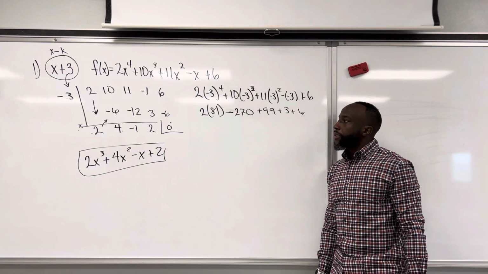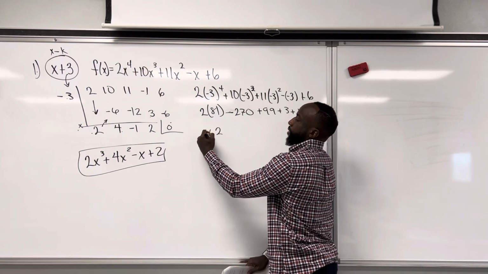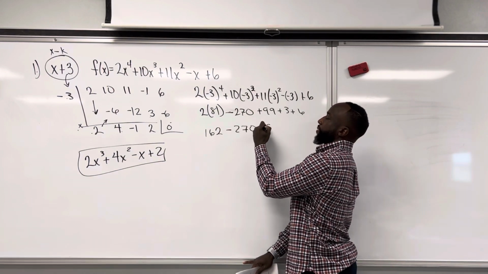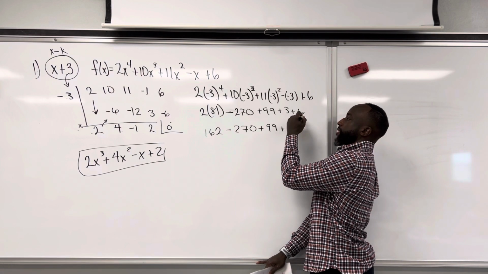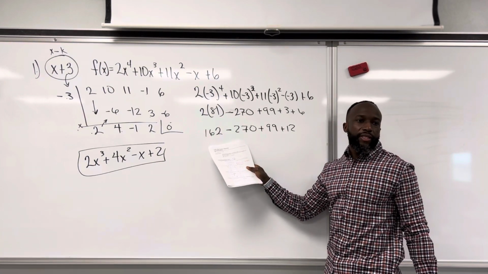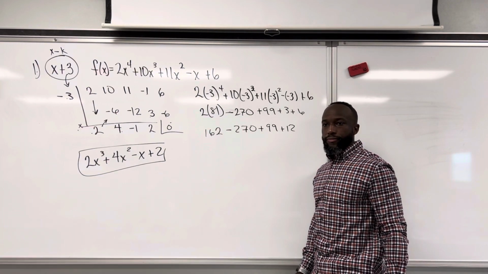All right? 2 times 81 is 162. 162 minus 270, plus 99, plus 3 plus 6 is 9.